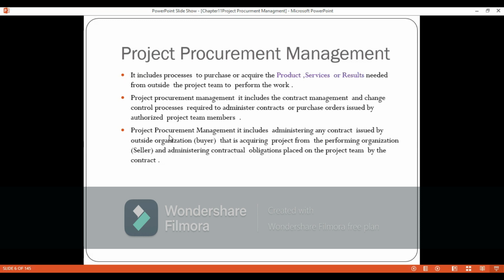So project procurement management is about administering the contract, as we said, in monitoring and control, and the buyer who is outside the organization is acquiring a product or a service from a seller, right?